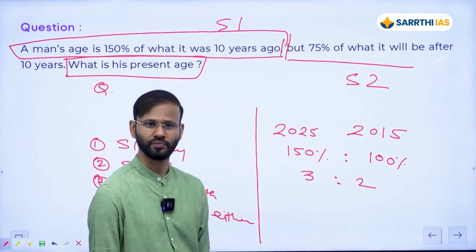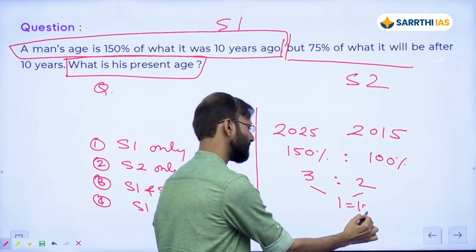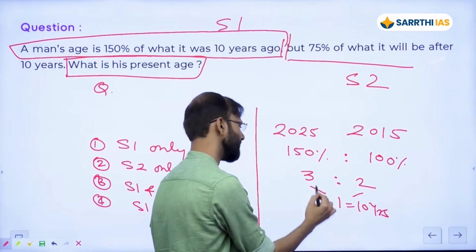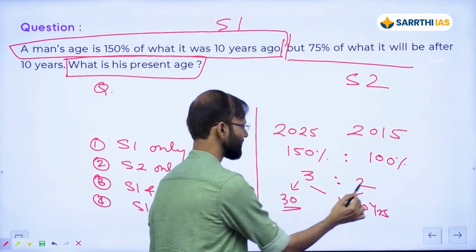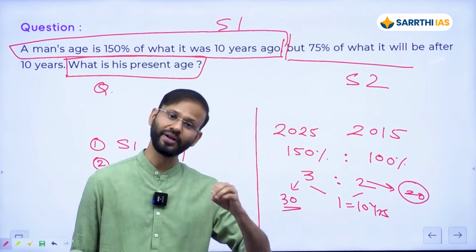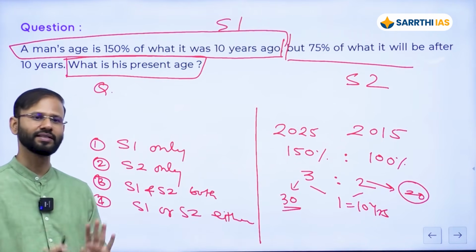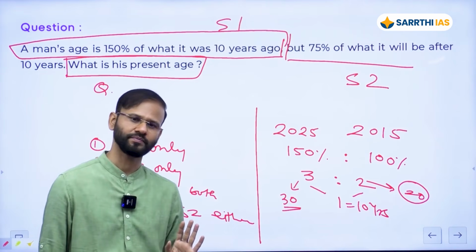The ratio is 3:2. And what is the difference? The difference is 1. 1 is equal to 10 years. So 3 is equal to what? 30 years. And this is 20 years. So 10 years ago it was 20 years, and today it is 30 years. Guys, clear? So from statement number 1, you could find the answer. Correct?